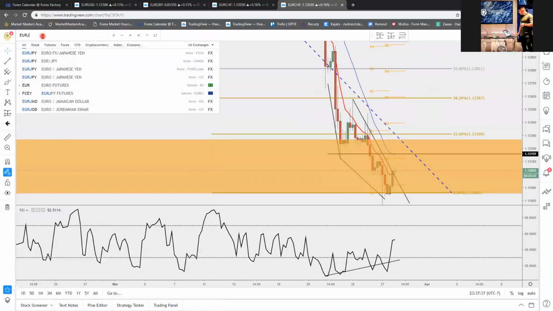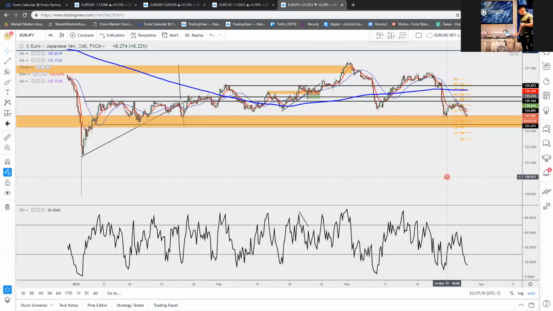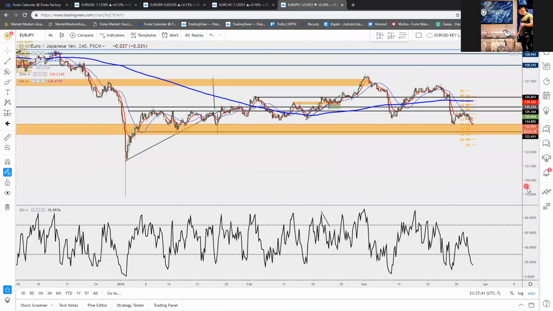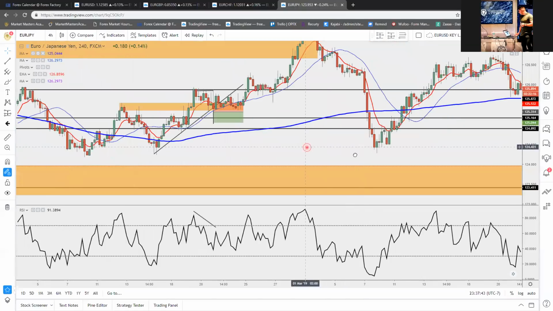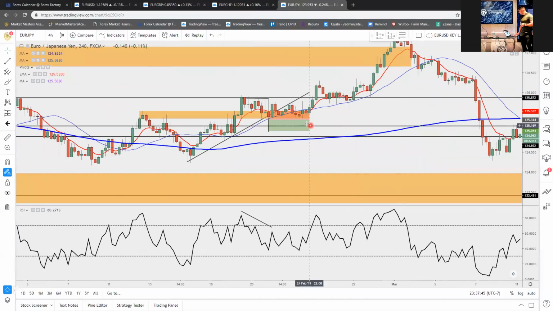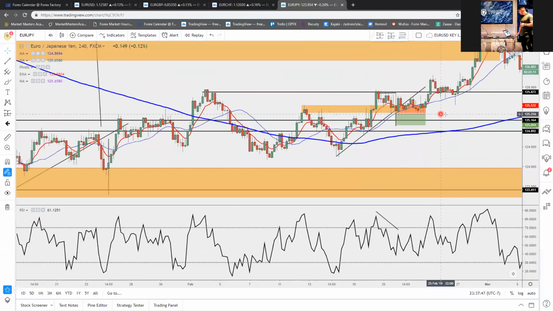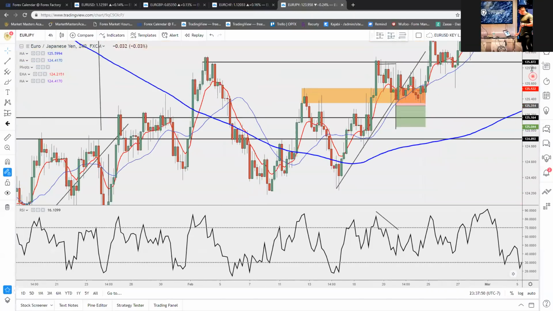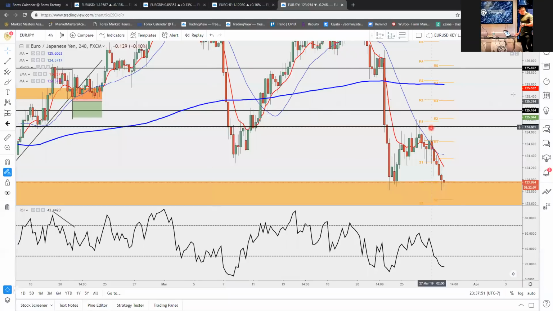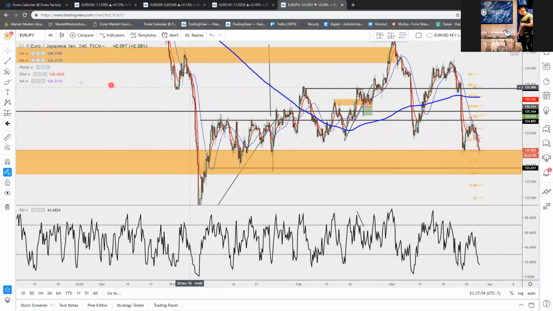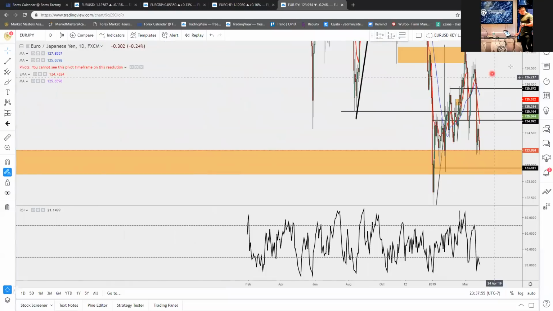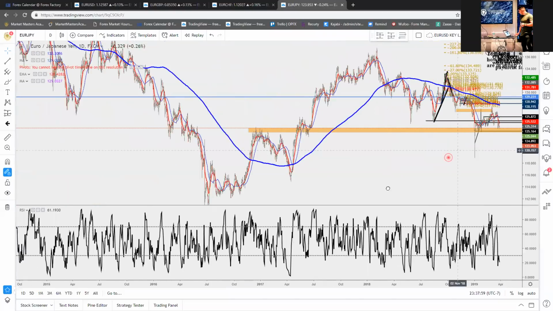So we have EURGBP. This was a trade that didn't enter. But okay, so we look out onto the daily. What's going on here?